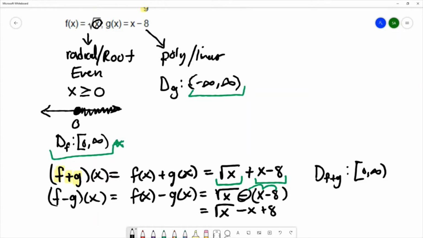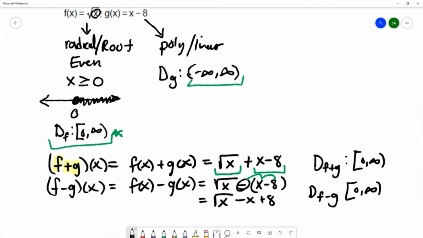So my function f minus g of x is square root of x minus x plus 8. So the domain of this, just like in the conversation about addition, needs to be the most restrictive of the two, which is that x needs to be greater than or equal to 0. The domain of f minus g is 0 to infinity.